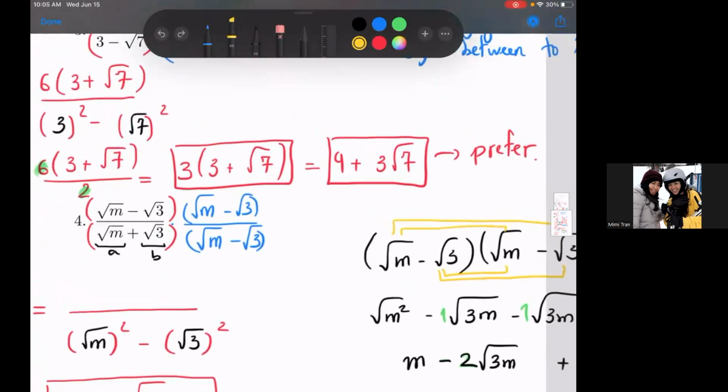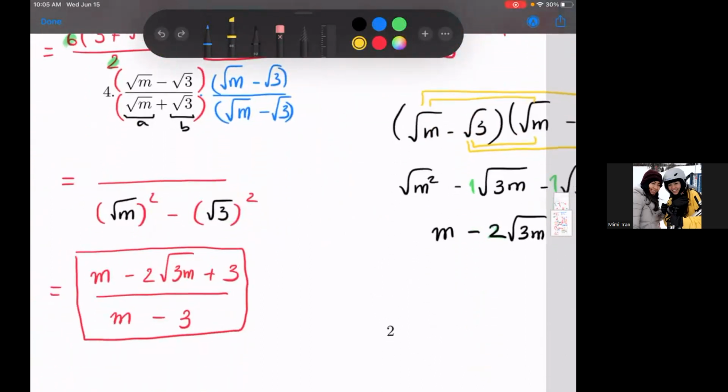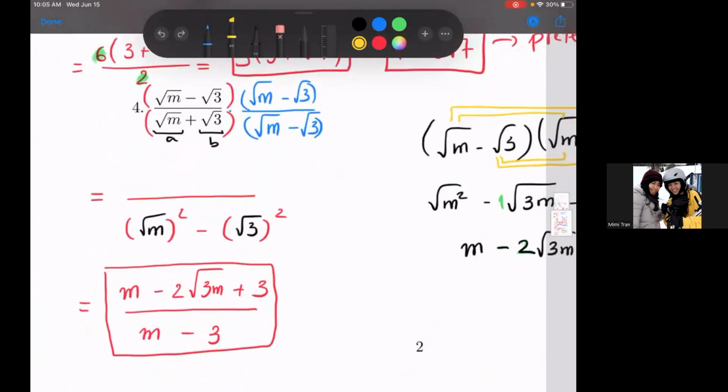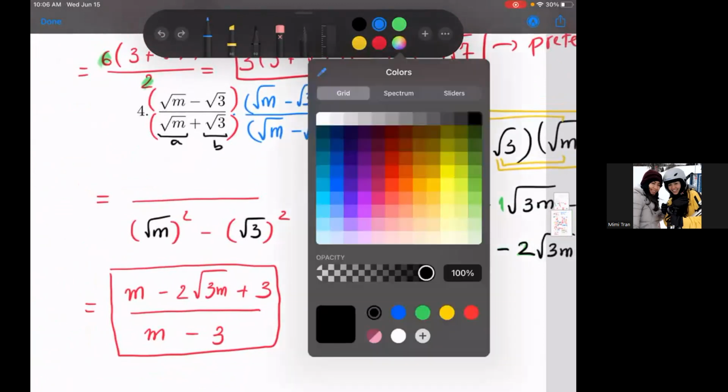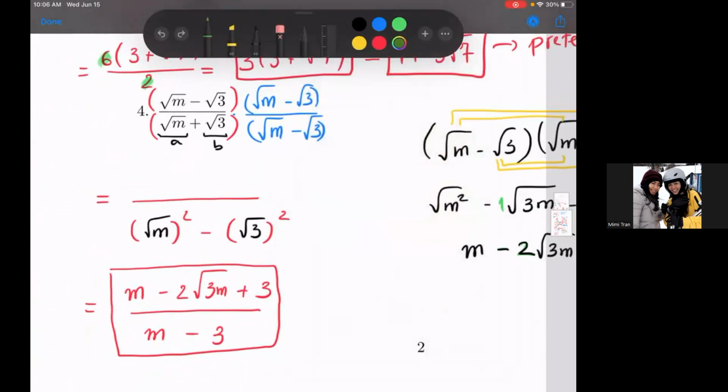Okay, let me go back to the denominator here. If I FOIL this out, I'll use green. Root m times root m is root m squared. Root m times negative root 3 is negative root 3m. Positive root 3 times root m is positive root 3m.